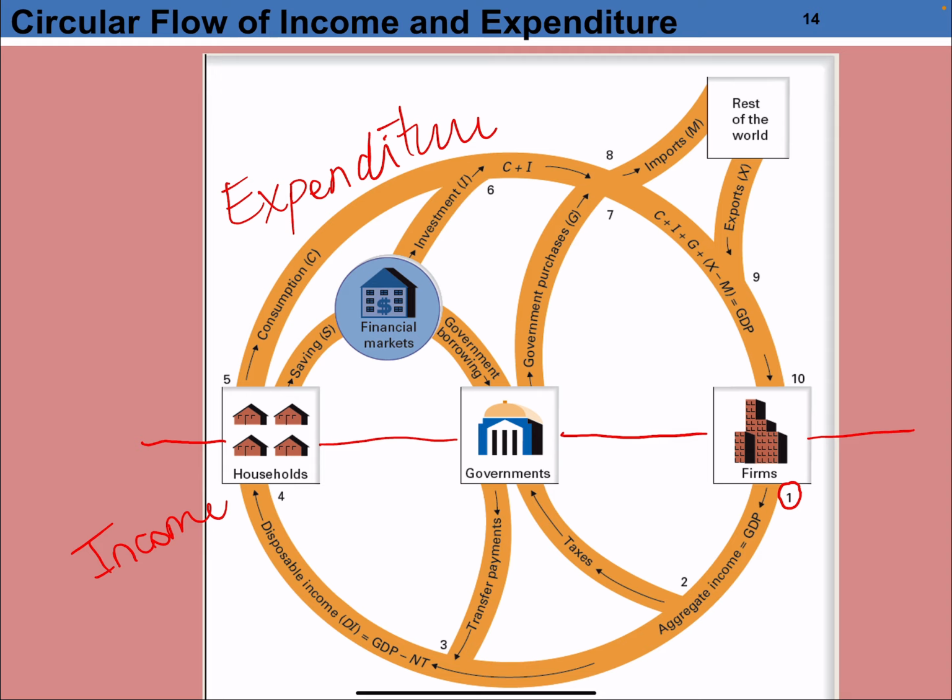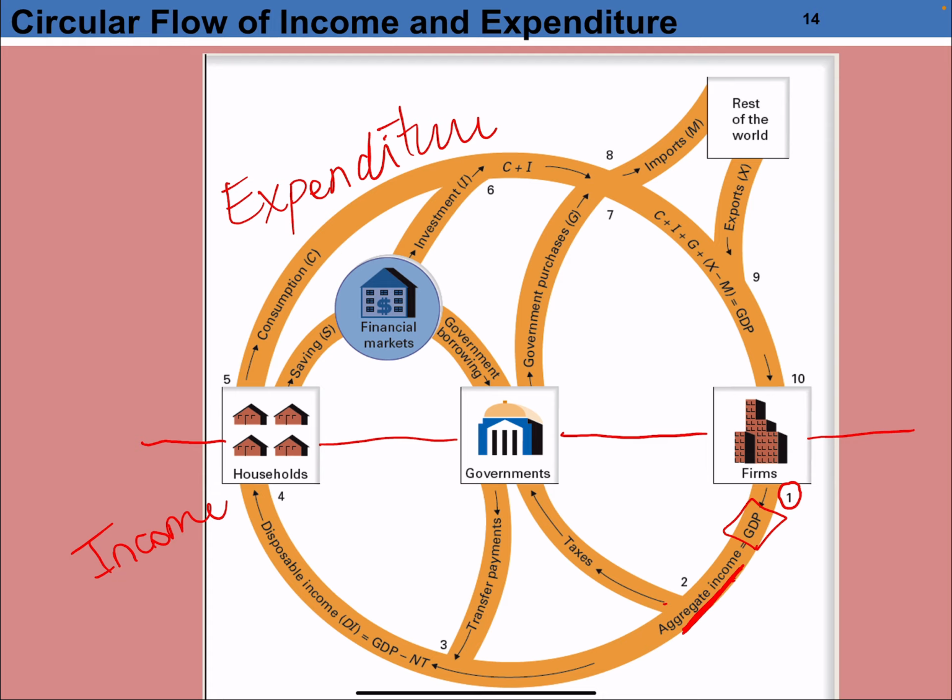Well, they have to pay for those resources, so that generates income. And remember, when we're talking about all the income earned from all the production, we call it aggregate income. And what we should find, again, going back to the first part of this chapter, because one person's income equals another person's spending, our aggregate income will equal our GDP. So that those dollars start flowing through the income circle.